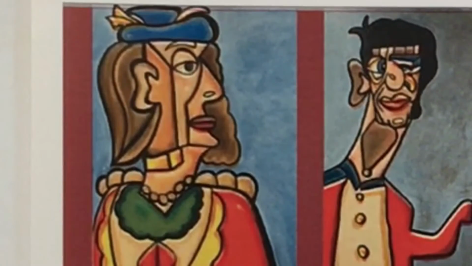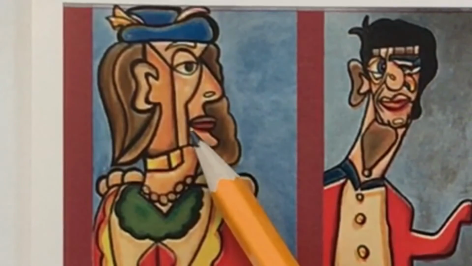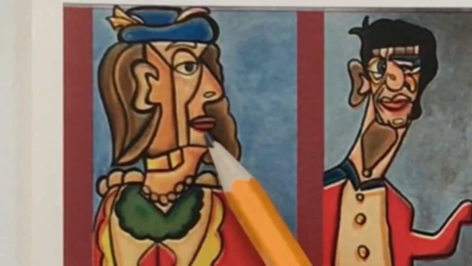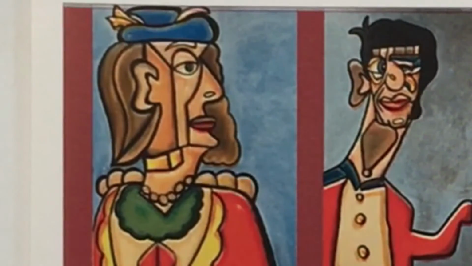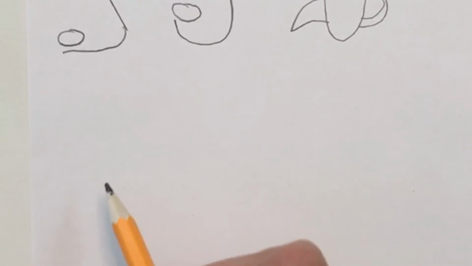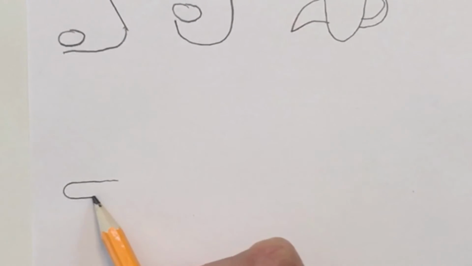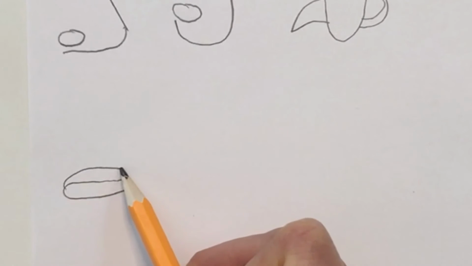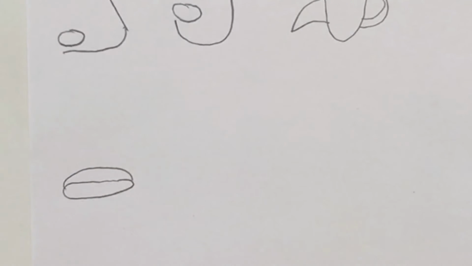Now we're going to go ahead and look at some mouth shapes. So if you look at this mouth shape, it's almost like it's two oval shapes that are together. So let's try that. So it is one kind of squished oval shape, and then another one on top.